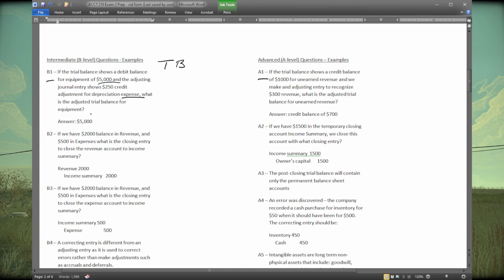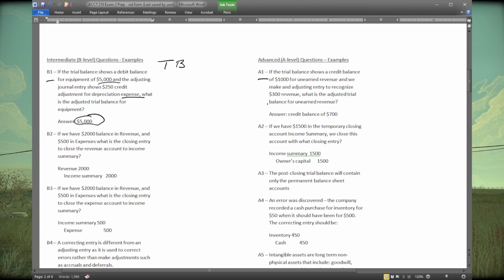There's just a change to the depreciation expense and accumulated depreciation. So this is not really a trick question because they are related, but just remember that accumulated depreciation is a contra account, meaning it reduces the equipment, but in a separate account. We don't directly reduce equipment.